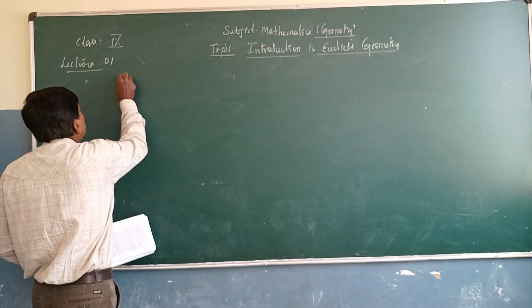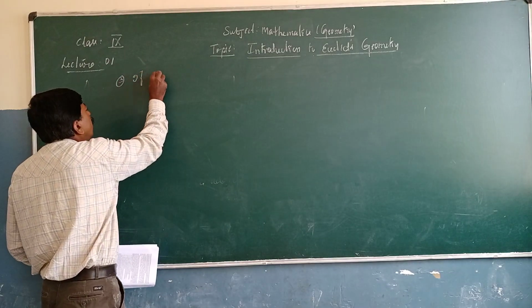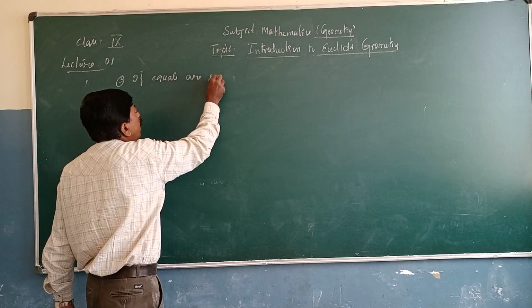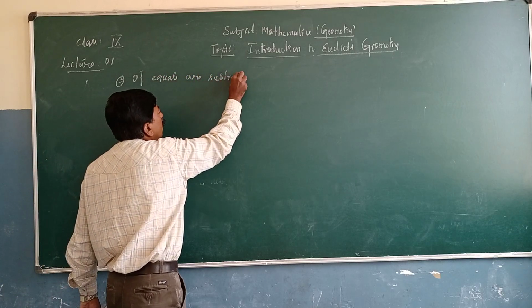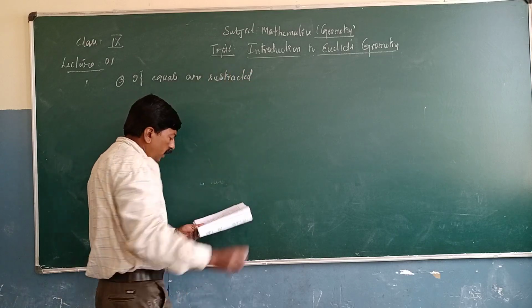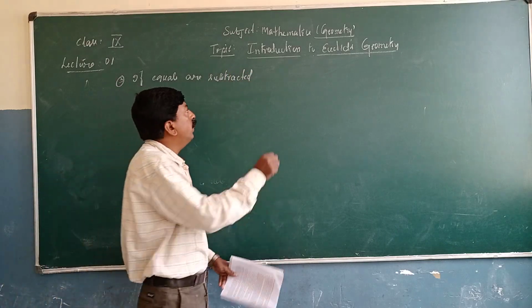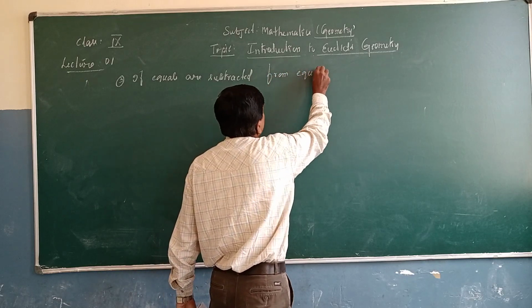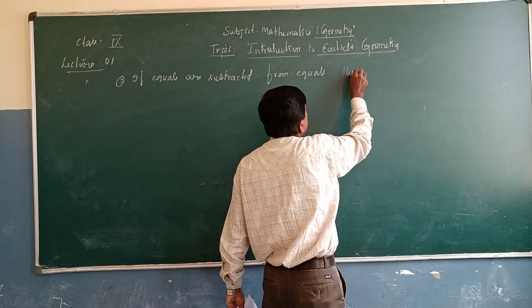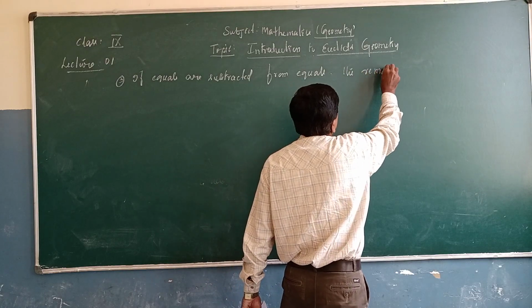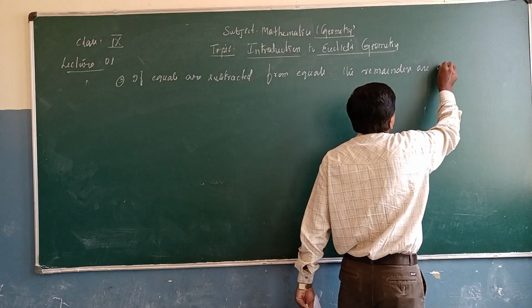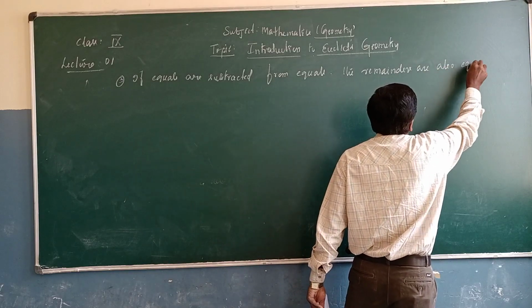Third one, if equals are subtracted from equals, the remainders are also equal.